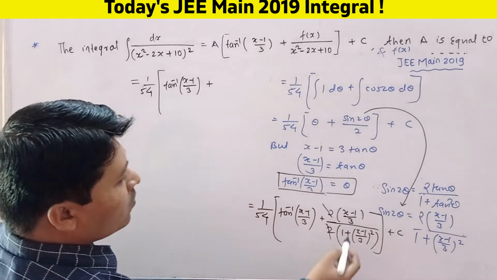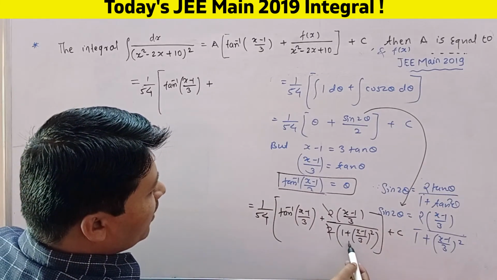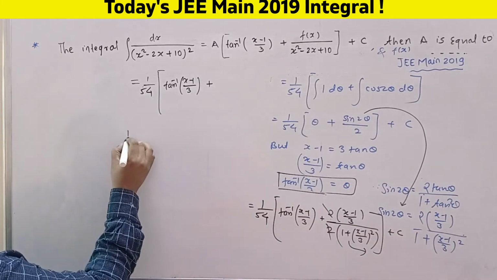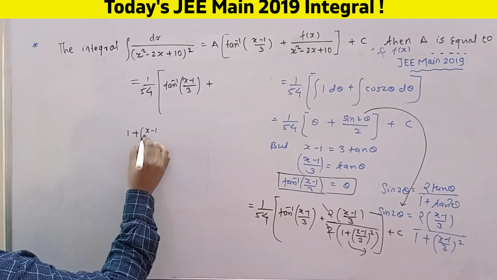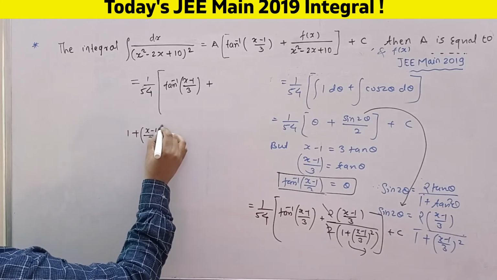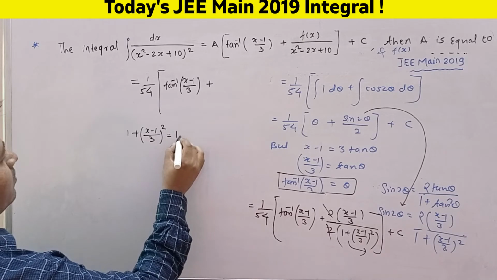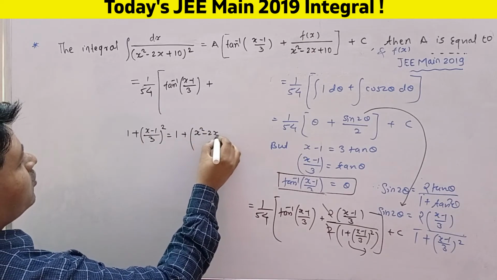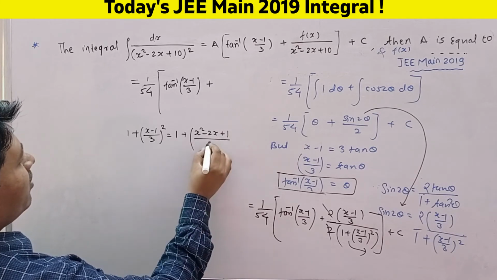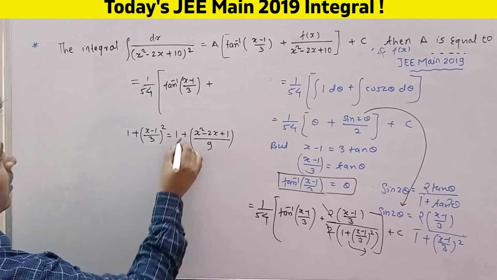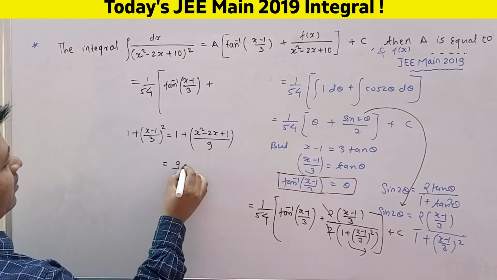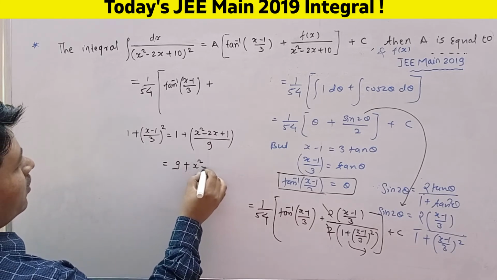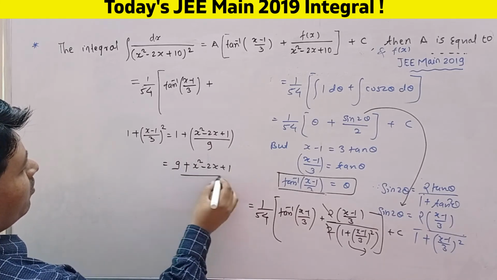Now simplify this term: 1 plus x minus 1 divided by 3 bracket square means 1 plus x square minus 2x plus 1 divided by 9.